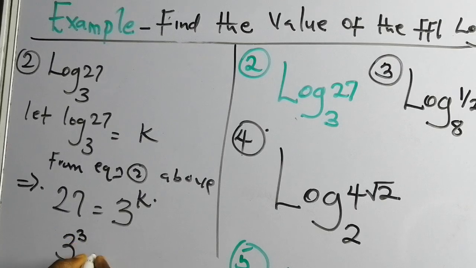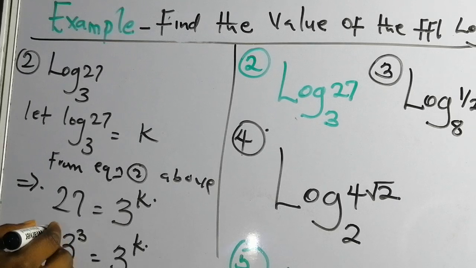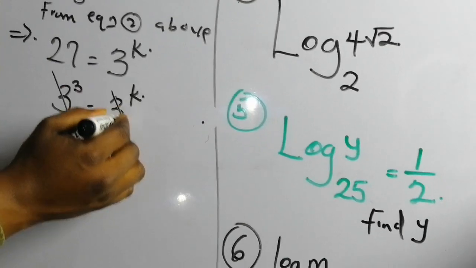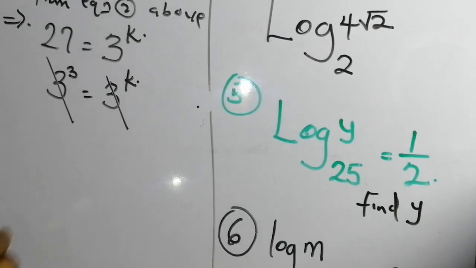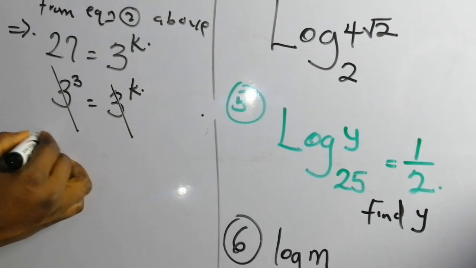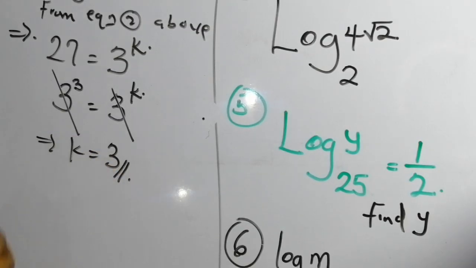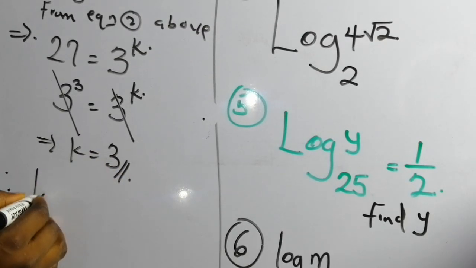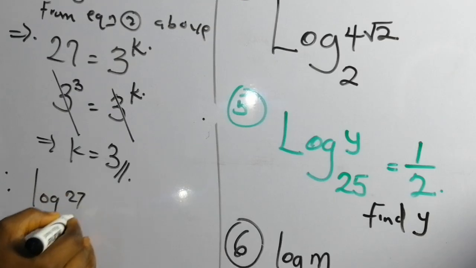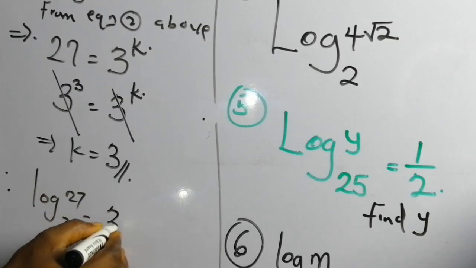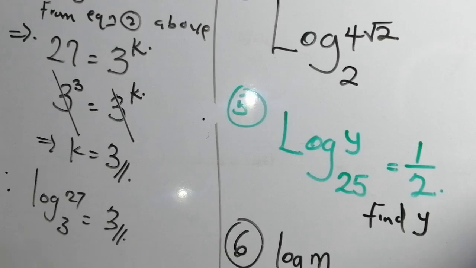So this is 3 raised to power 3 equals 3 raised to power k. It's as simple as that. It's just like chin chin and pure water. So simple. So what do I need to do? I cancel my base. When you cancel the base, you bring down the power, so k equals 3. Therefore, the value of log 27 base 3 is 3. That's the conclusion. It's just so straightforward.